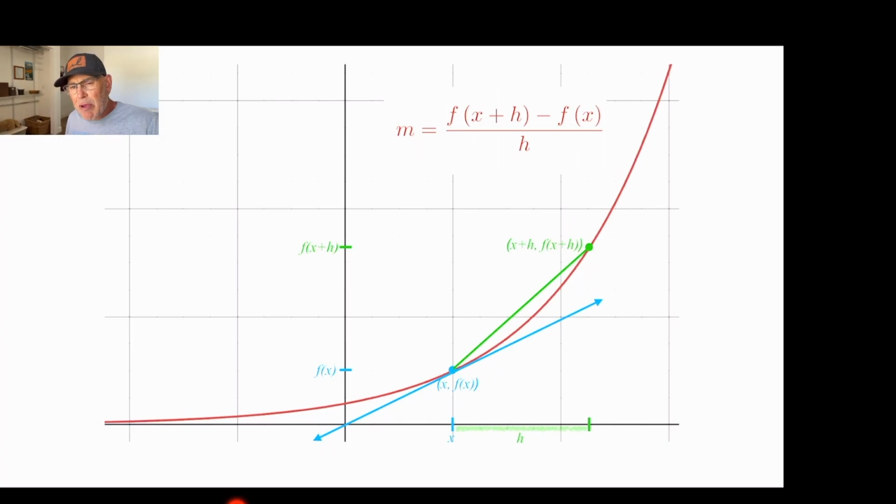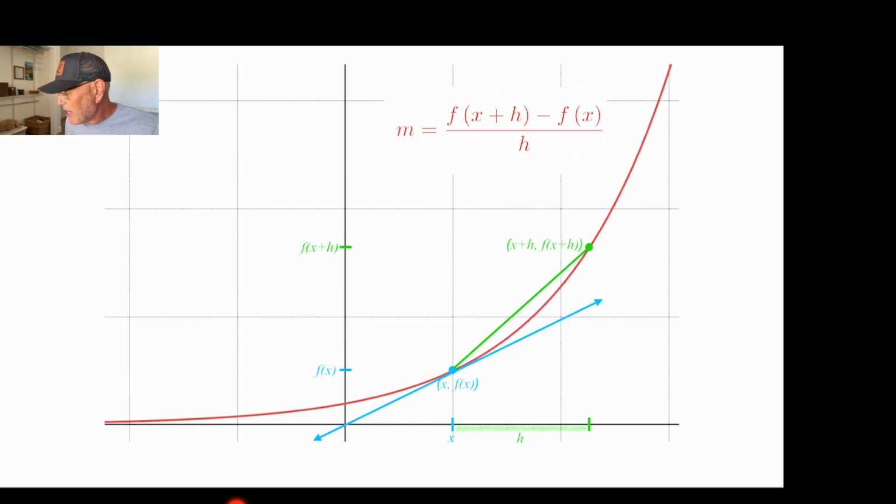Now remember, with limits, we can make h infinitely small. We can make it go to 0, but we can never make it actually 0. If I made it 0, then we would have the same problem. Instead of having 2 points, we would have 1 point. But I can make it infinitely small through limits.